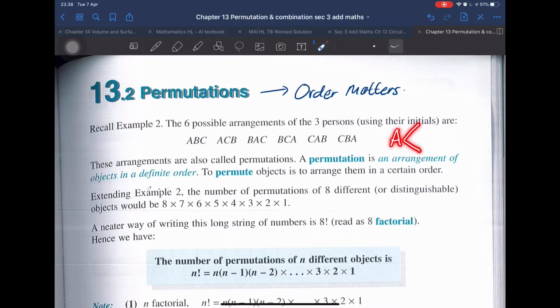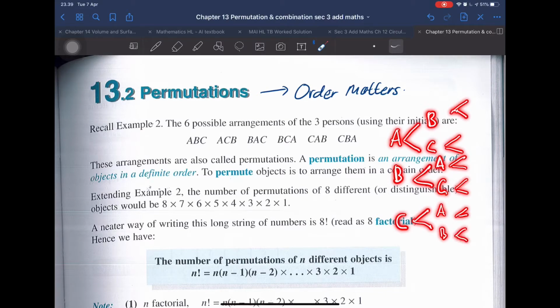If you forgot how to arrange, you can also do this. So if A first, it could be A first, B first, or C first. A is after that B and C. Then B is A and C. And then C is A and B. So you could write, after this, expand it again.